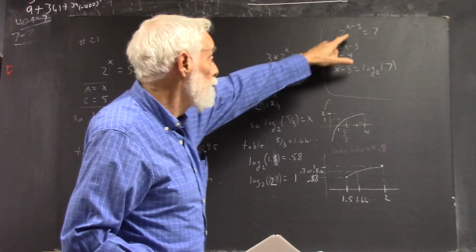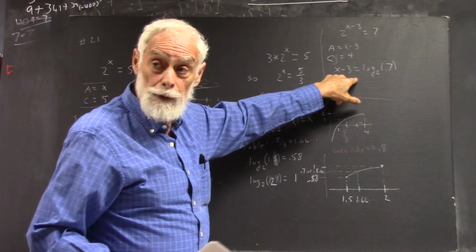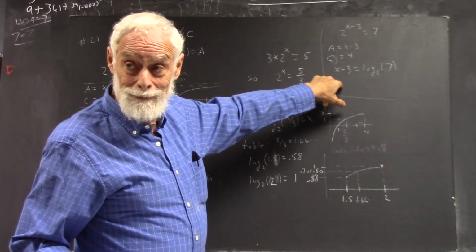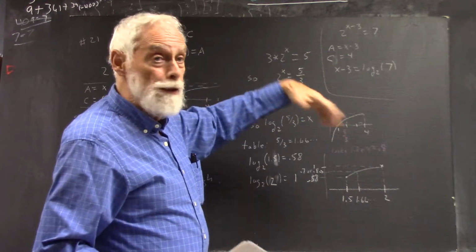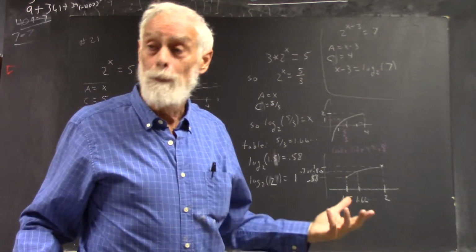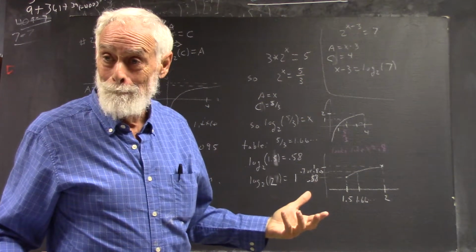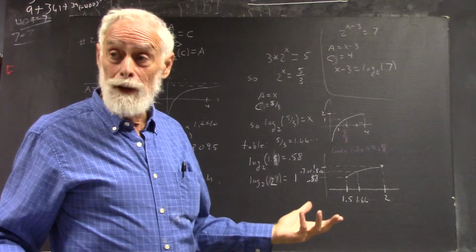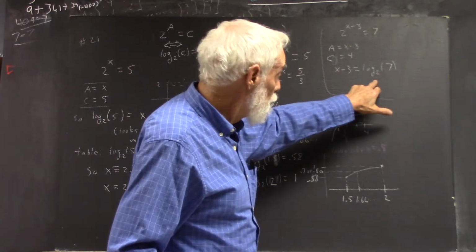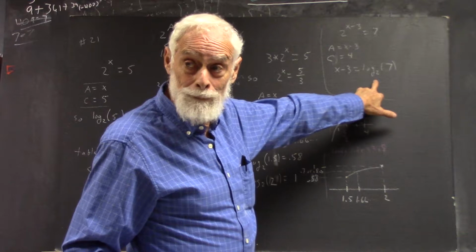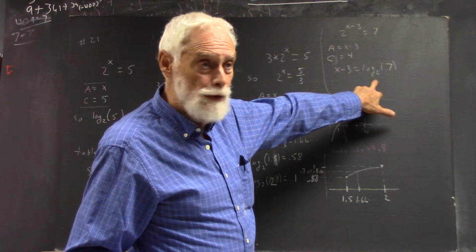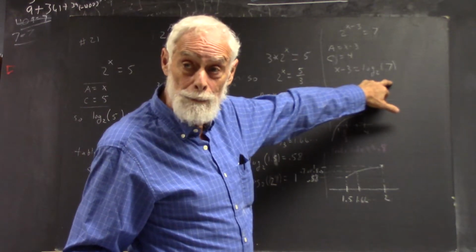The only difference is your exponent is x minus 3 and not just x. Okay? And it might be x squared plus 5x minus 4. Okay? Which would be quadratic. It's going to give you an equation, and log base 2 is just a number. Okay? That's how log base 2 of 7 is just a number.